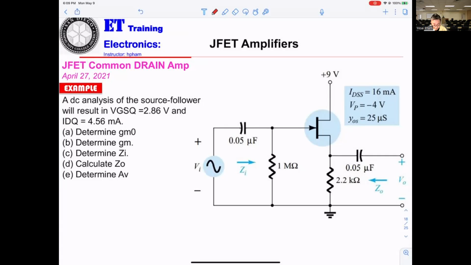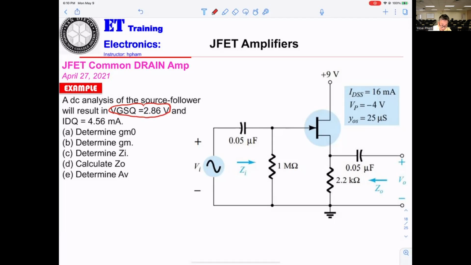Okay. So now, in this circuitry here, example for the drain, a DC analysis of the source follower will result in VGSQ 2.86 volt and IDQ 4.56. Okay, so basically that's the self bias. You need a graphic, but they don't give a graphic, so that's why they gave you the value here.